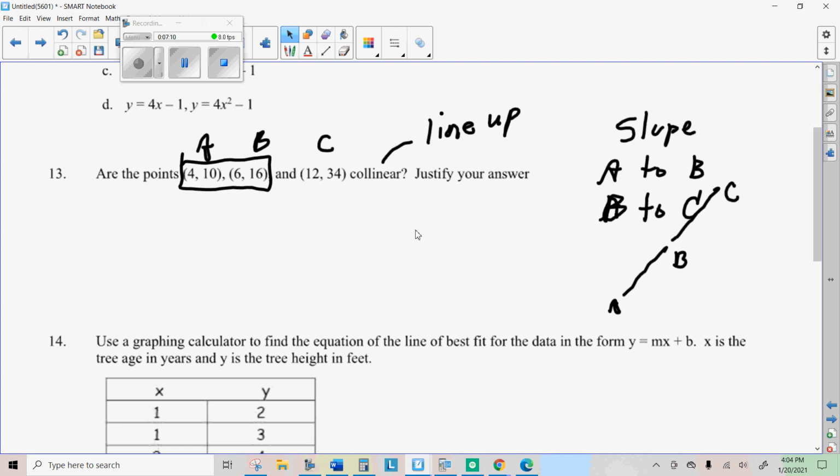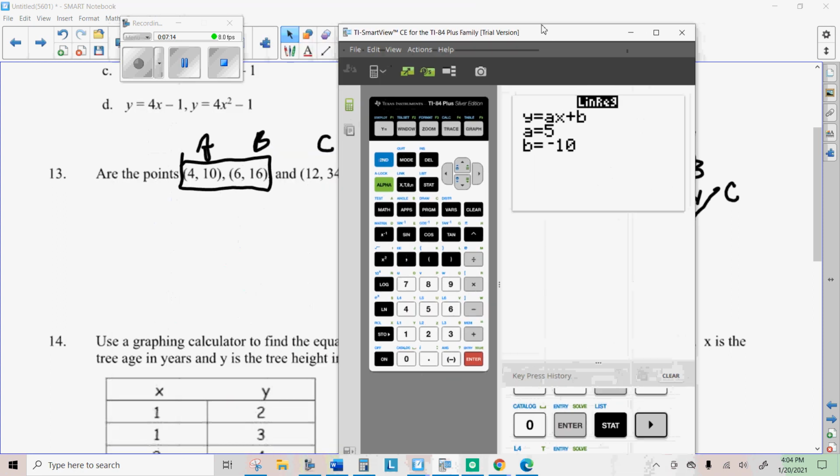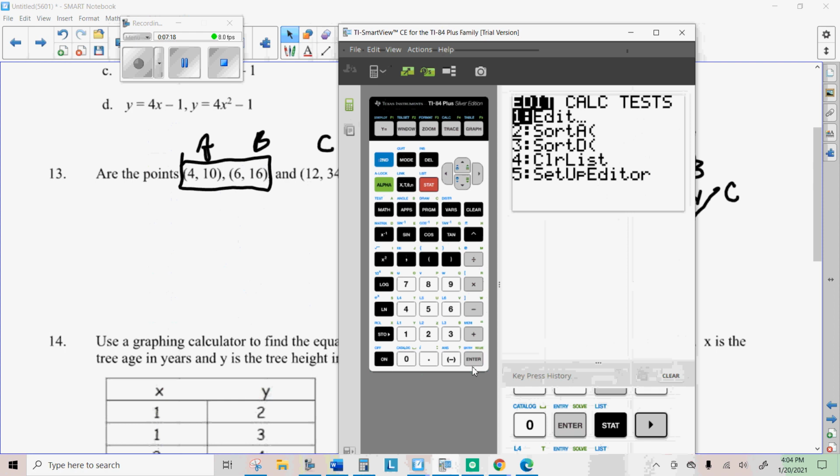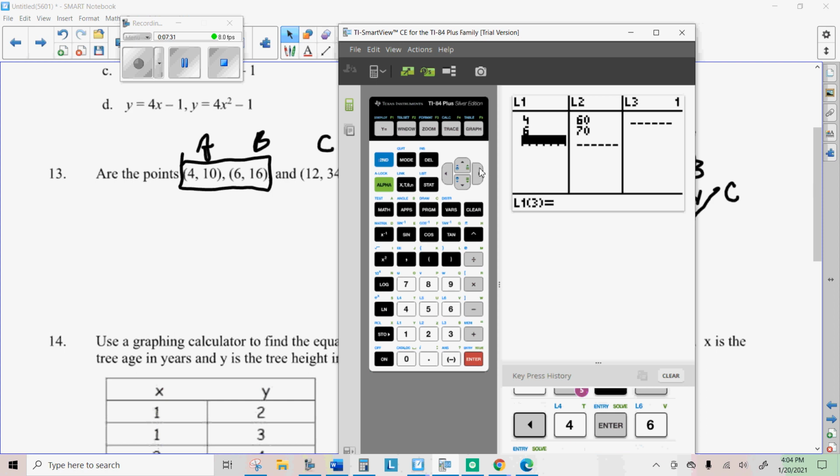Let's put in those 2 points in your calculator, 4, 10, and 6, 16, and get the equation. We're going to put in 4 and 6 as my x coordinates. And then for the y coordinates, we're going to put 10 and 16.